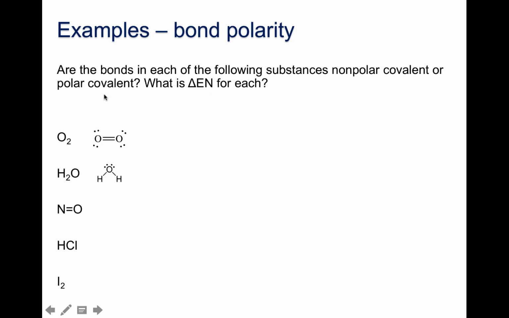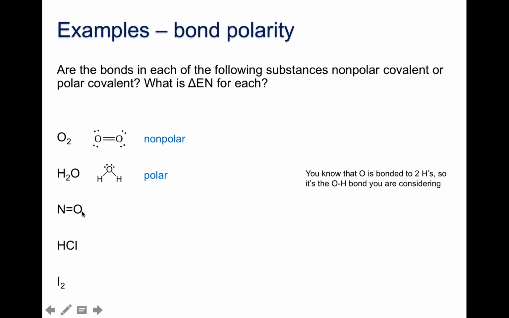First, let's go through and determine whether it's polar or nonpolar. If we have two oxygen atoms bonded together, they're identical electronegativities, so we would say it's nonpolar. For a water molecule, each of these bonds here, we have oxygen to hydrogen, because they're different elements and they have different electronegativities, we would say that this is a polar covalent bond. With nitrogen and oxygen bonded to one another, it doesn't matter that there's a double bond between these.